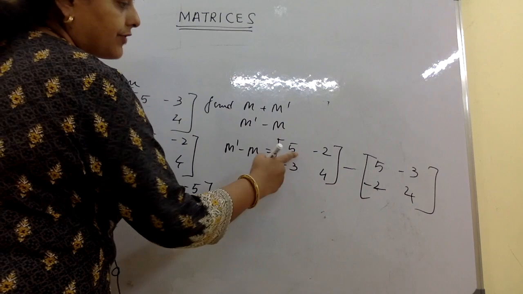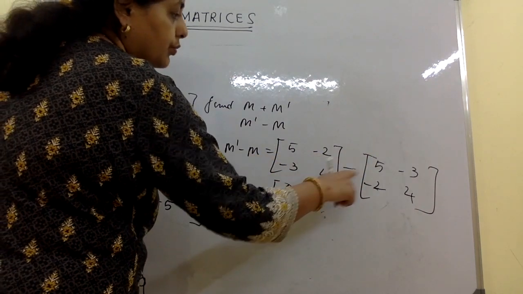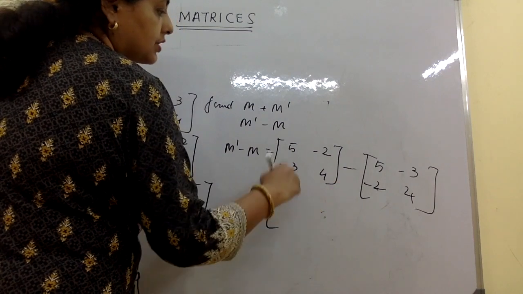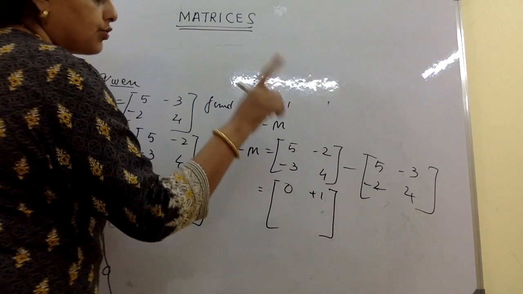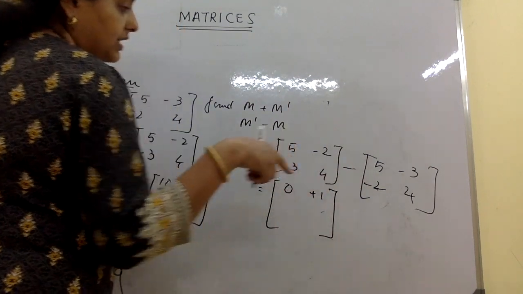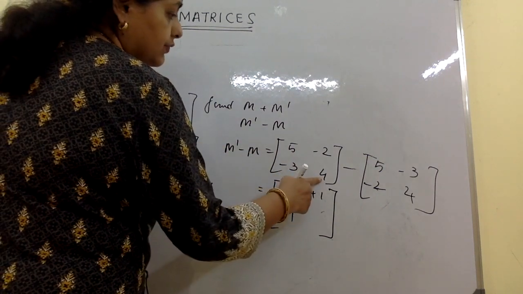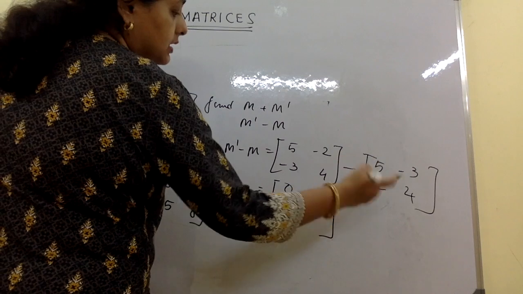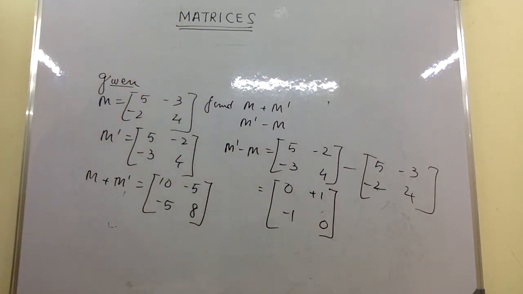So minus 5 and put a 0, minus 2 plus 3, that is a plus 1. Okay, you can write this plus, you cannot write this plus, it is okay. So this is minus 3 plus 2, minus 3 plus 2 is how much? Minus 1, and this is 4 minus 4, that's a 0. So we have got both our answers.